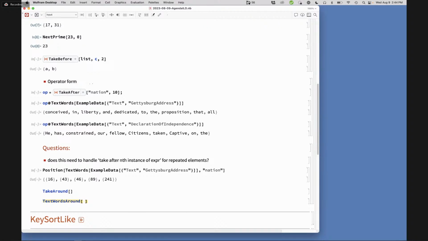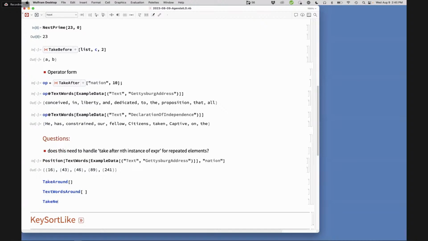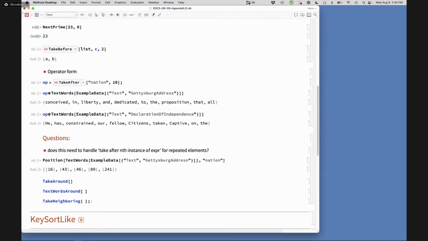Except I don't really like using the term around, because we've used around for numbers with uncertainty. It's a different thing. Neighbors or neighboring. Take neighboring. Adjacent. I like adjacent. Take nearby.